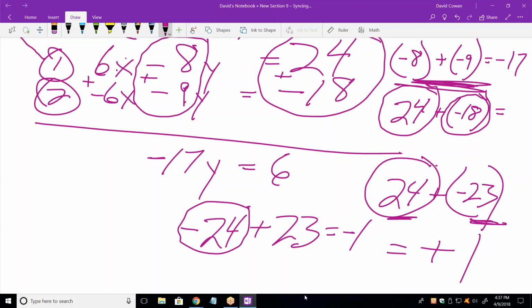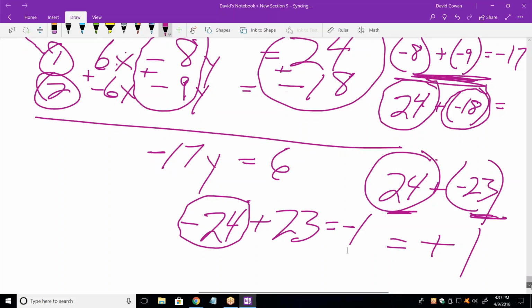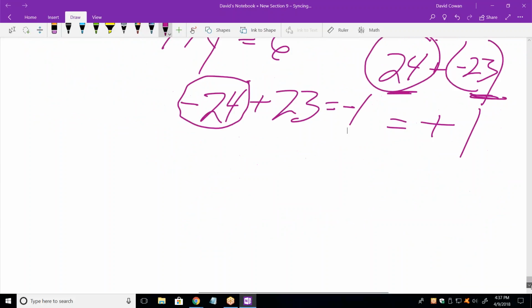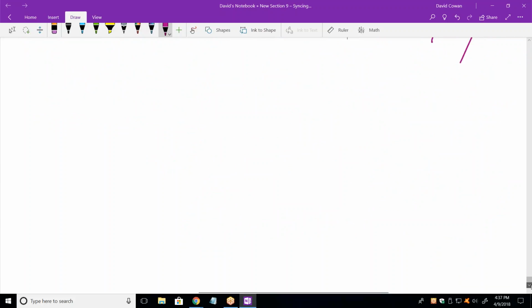All right. Now, I'm just going to show you 3 variables and 3 equations, even though I'm not real fond of doing that. You're not expert enough yet at 2 variables and 2 equations, but I'm going to give you a relatively simple one, and I'm just going to show you the methodology.